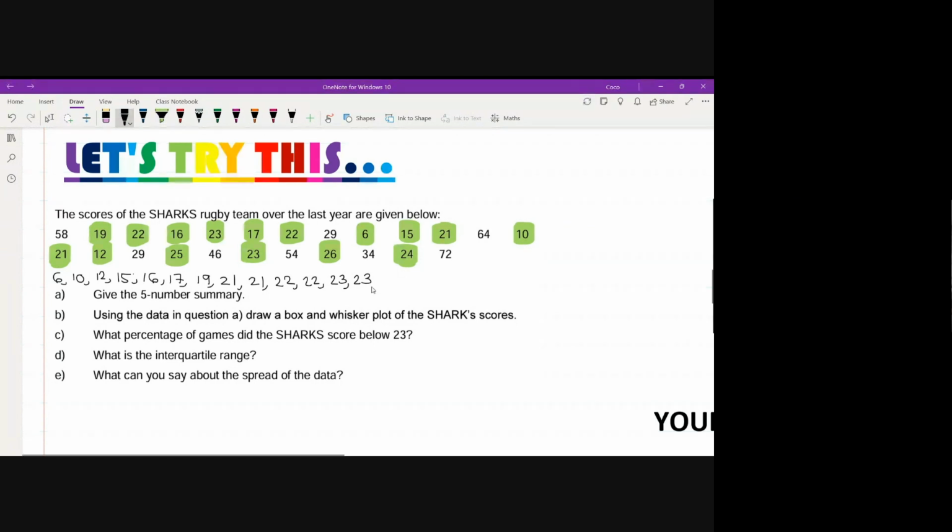Okay, 24, 25, 26. And then from 26, do we have any 27? No, no 28, so 29, 29, and then 34.